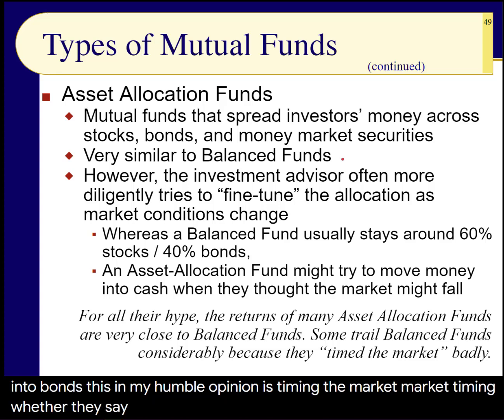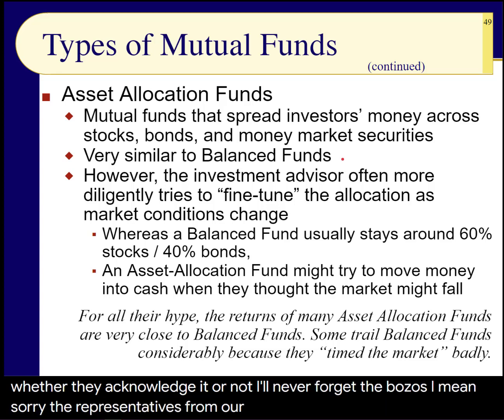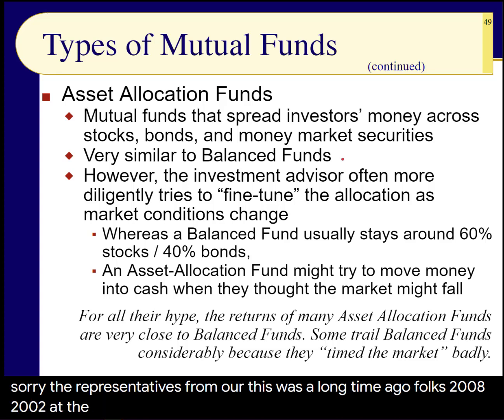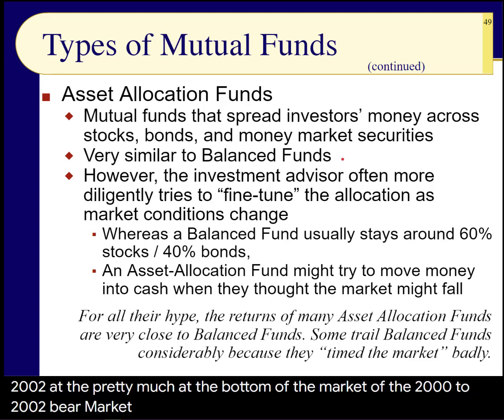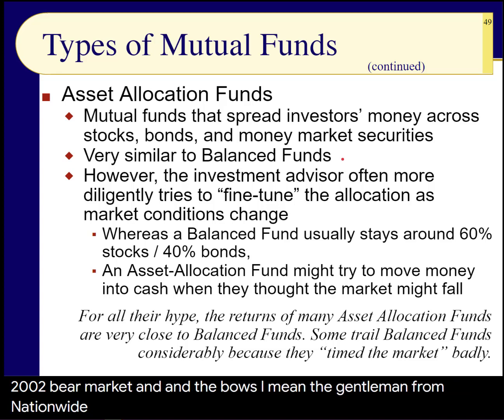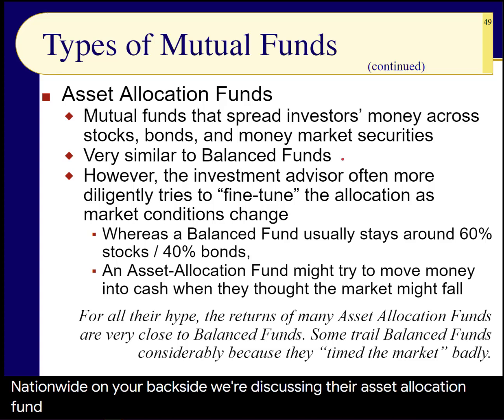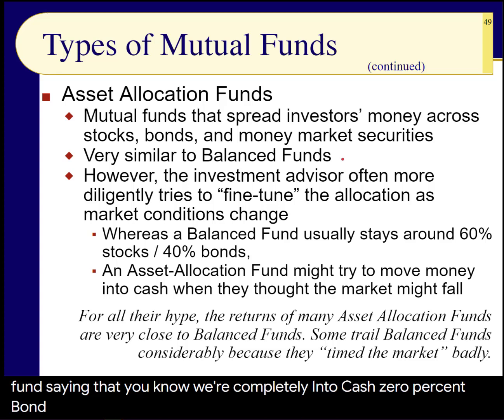Whether they acknowledge it or not, I'll never forget the representatives from our company. This was a long time ago, folks. Late 2002, pretty much at the bottom of the 2000 to 2002 bear market. The gentlemen from Nationwide were discussing their asset allocation fund, saying that we're completely into cash, 0% bonds, 0% stocks.